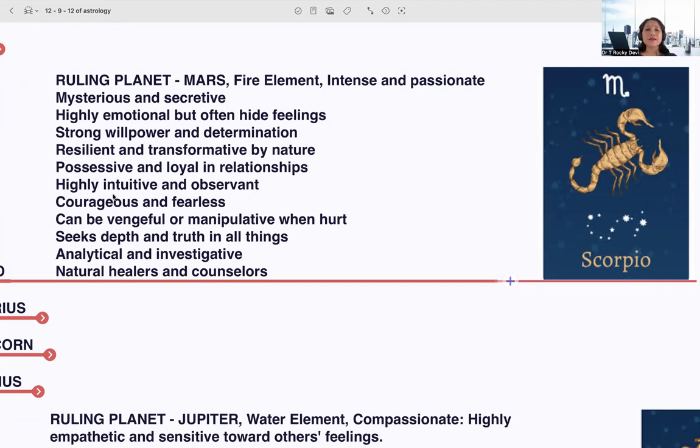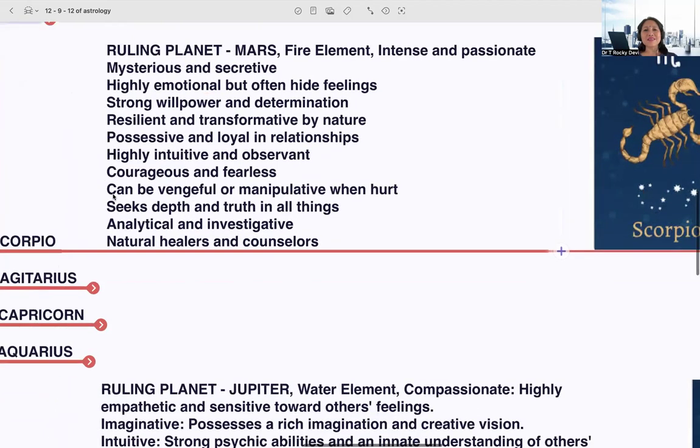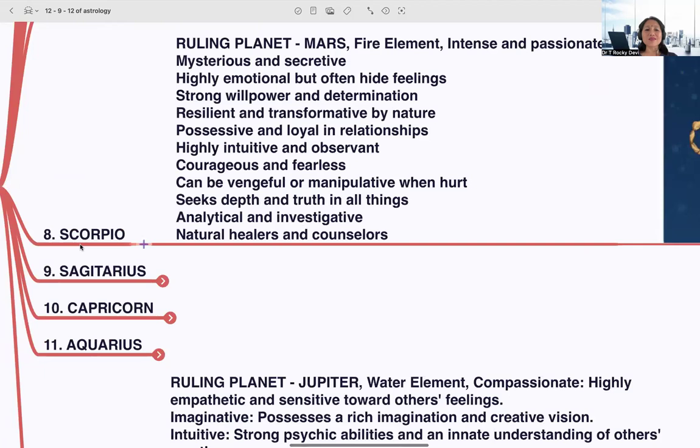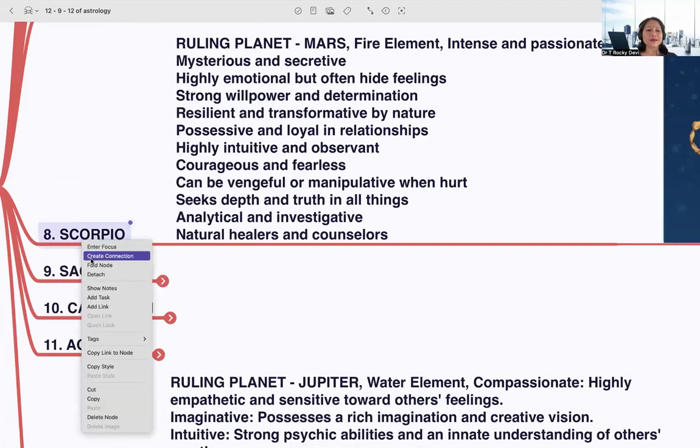Possessive and loyal in relationships, highly intuitive, very good at observing, courageous and fearless. They can be revengeful or manipulative when hurt. They seek depth and truth in all things. They are analytical and investigative in nature. They can become natural healers and counselors. So these are the characteristics of a Scorpio Rasi or Scorpio Lagna.